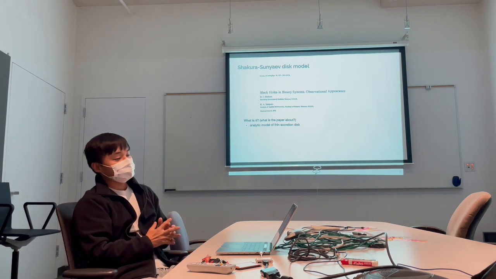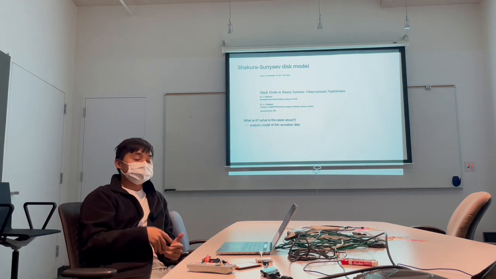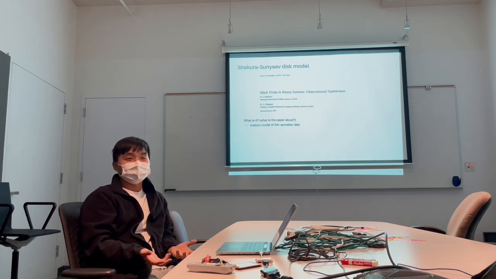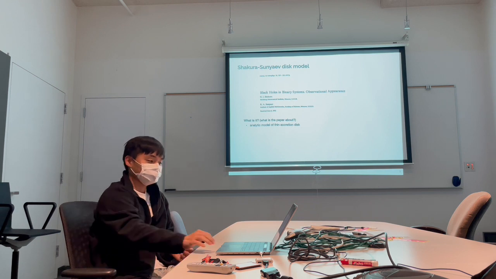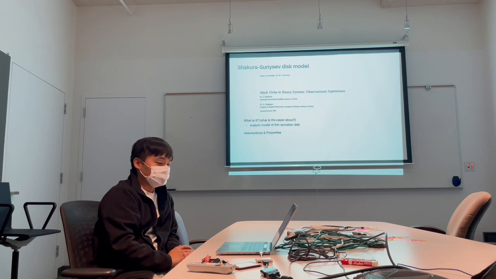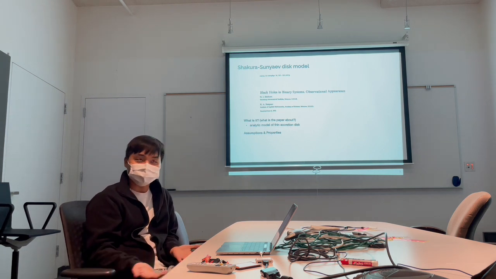And as you can see from the title, it's one of the first papers that actually quantitatively predicted the spectra that we would expect from an accreting black hole. And this is a simple model, so there are some assumptions, or simplifications of the picture.